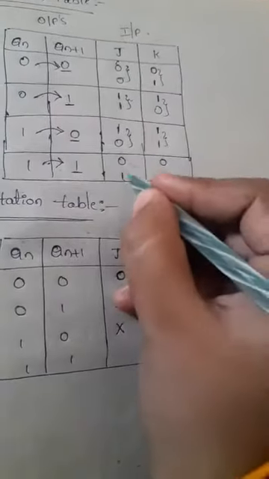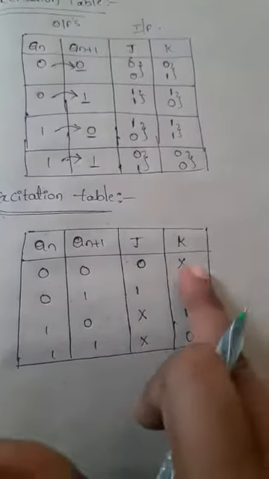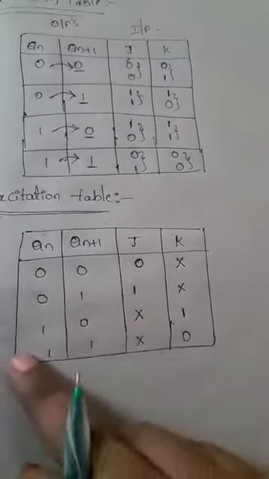Next, here 0 1 0 1 means both are different values, so consider don't care. Here both values are 0, so you can say a single value, that is 0. So for 0 0: 0, don't care; for 0 1: 1, don't care; for 1 0: don't care, 1; for 1 1: don't care, 0. Okay, so the complete excitation table of the JK flip flop is this one.